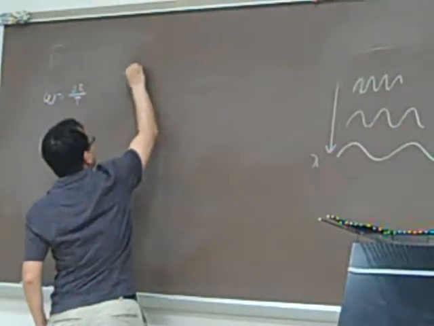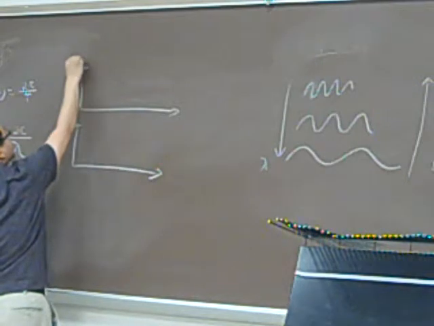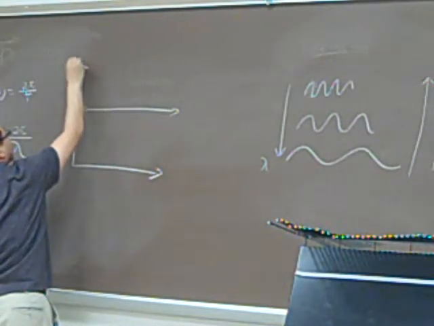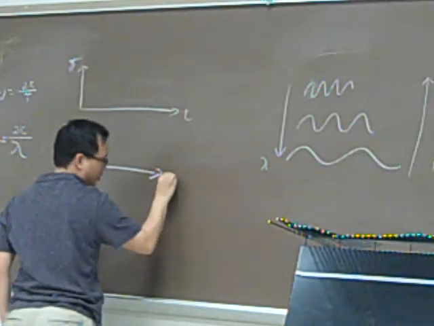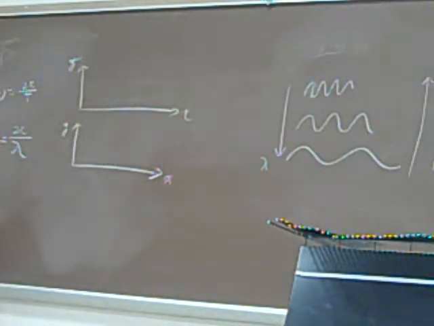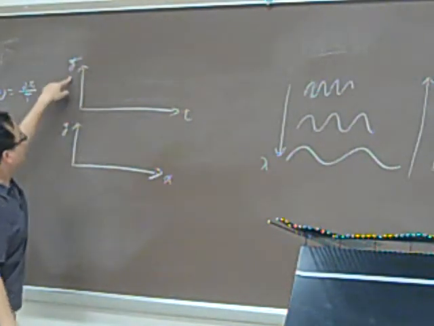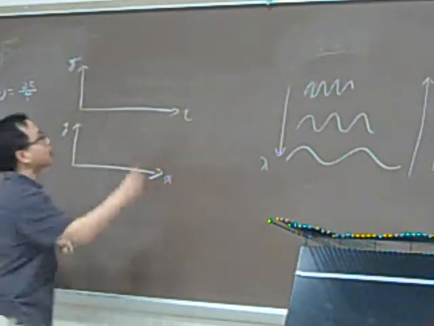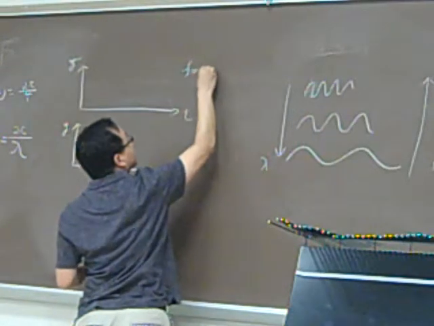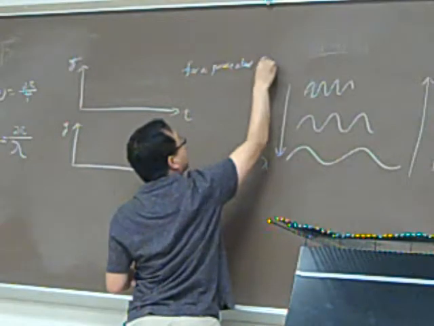But please note this graph and this graph. If this is time, this is y. This is time t. This is position x. So this graph, if we plot it for the wave, will be a graph of the oscillation for a particular position x.